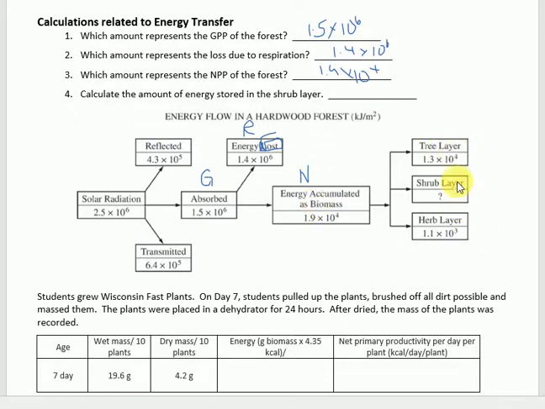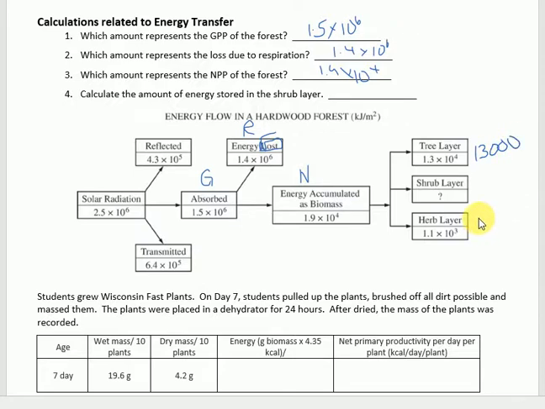The next one says calculate the amount of energy stored in the shrub layer. So it gives us the tree layer, it gives us the herb layer, and we know the total. First of all, we need to figure out what these mean. And remember, the 4 means that there's some zeros. So this is actually 13,000.